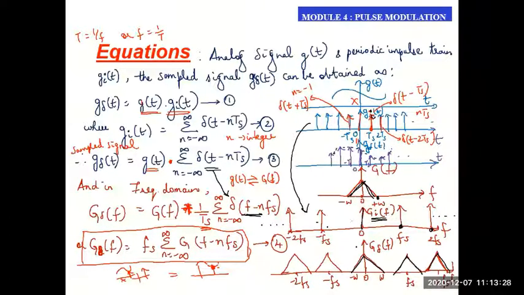So everywhere there is an impulse, we have the given signal G of F. So this represents the Fourier transform of the sampled signal, also known as G delta of F. Please try to understand these waveforms and analyze them. We'll continue with this in the next class.